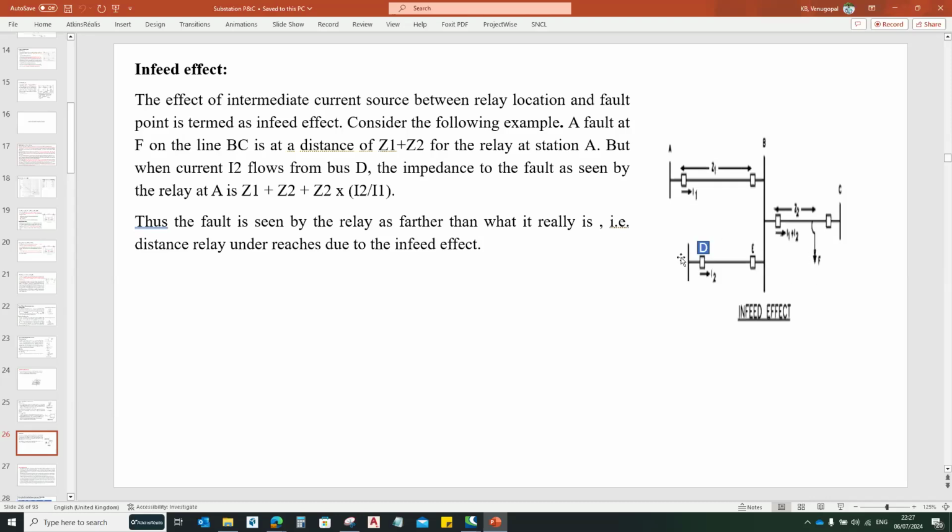But let us assume that if a fault happens and you trip the circuit breaker, then your I2 will not impact this particular zone selection. In that case, the total impedance of the line will be reduced to the actual value. That also has to be considered when you do the relay setting calculations.